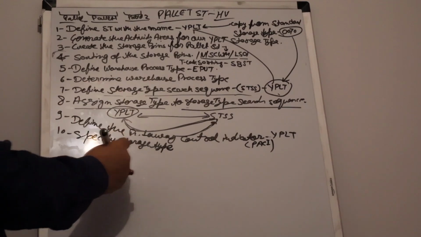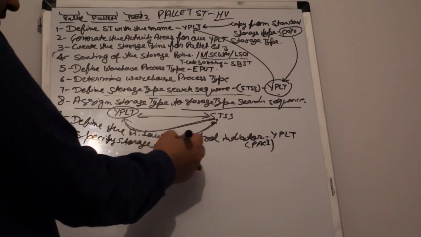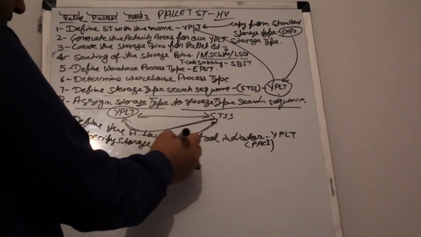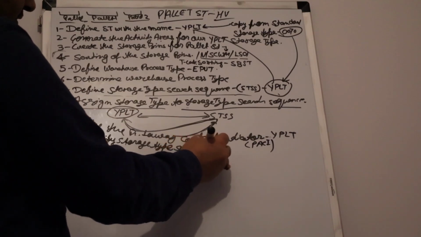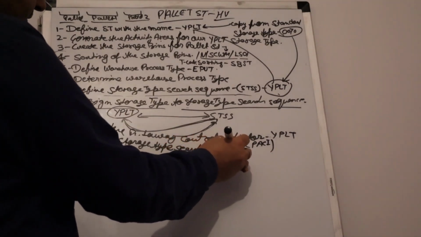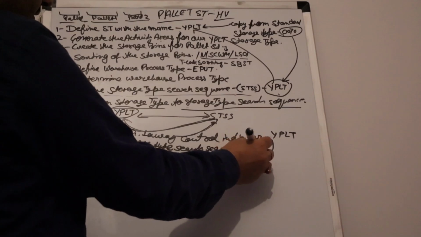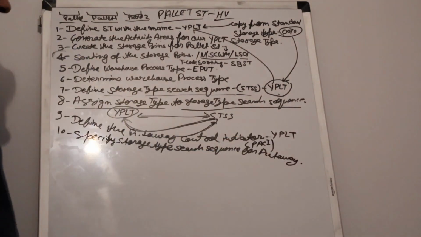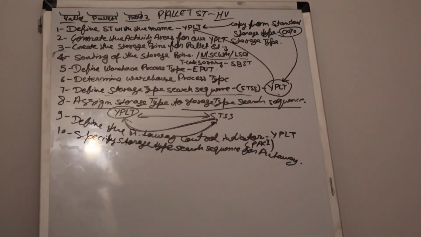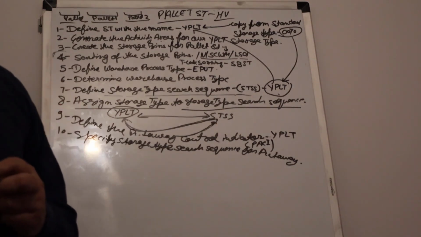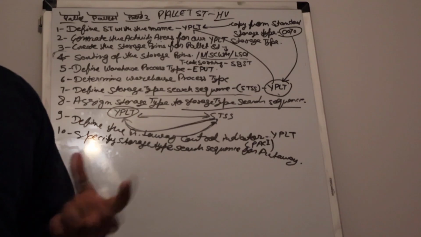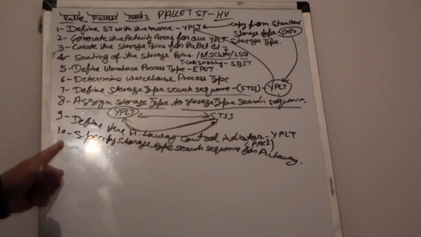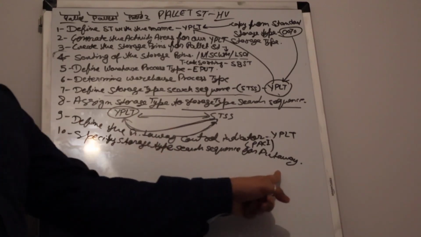So here we define and specify the storage type search sequence for put away. So the system will choose in the particular sequences, okay, not in a haphazard, not in an unmanaged way. Okay, so till 10 these are the points.